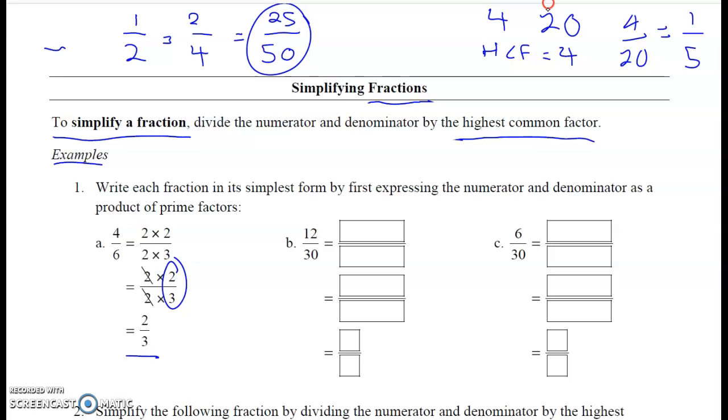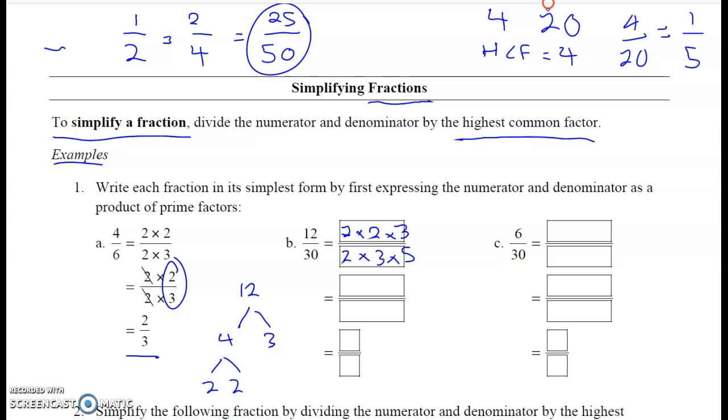Let's look at an example with larger numbers. So 12 out of 30 as a product of prime factors. Think about 12. If we split that into 4 and 3, and then 2 and 2, it's going to mean that 12 is the same thing as 2 times 2 times 3. And the bottom, 30, is the same as 2 times 3 times 5 as a product of prime factors.